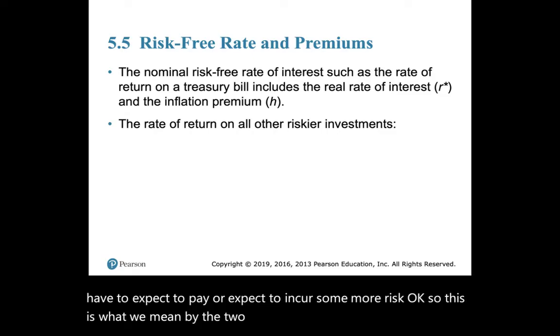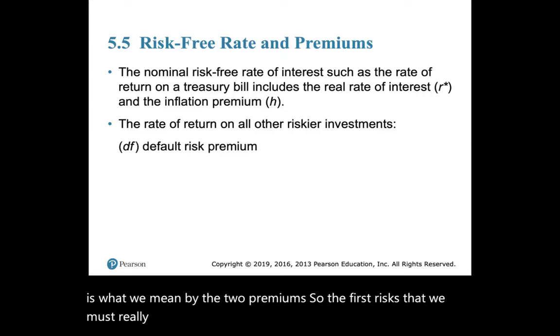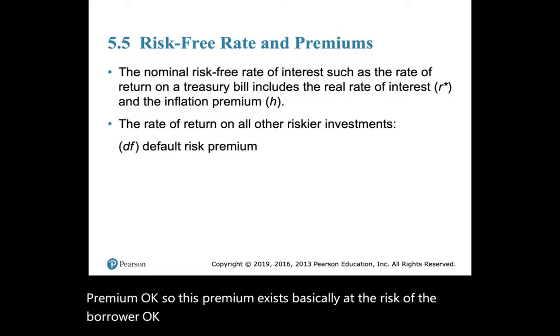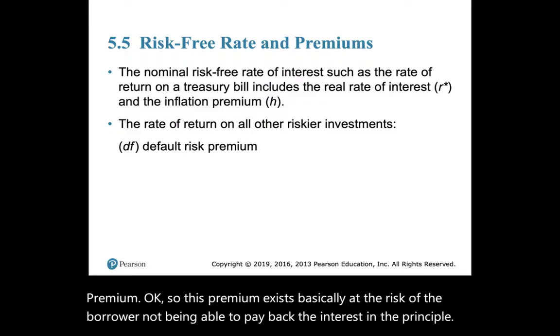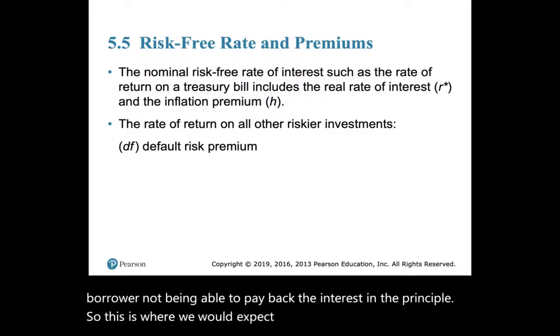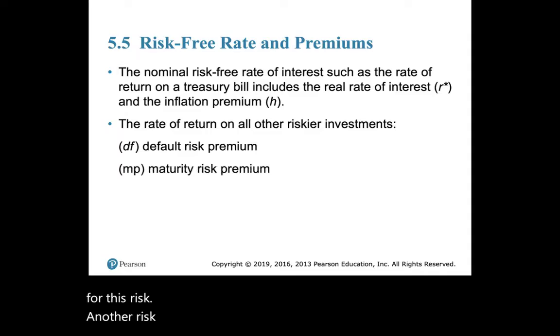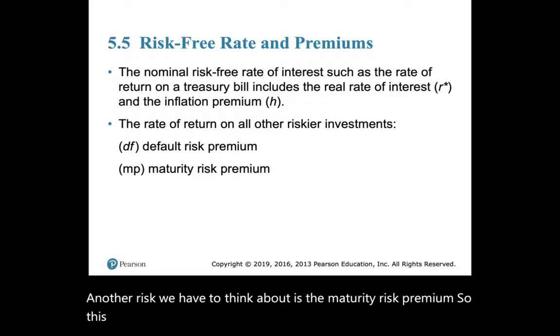The first risk that we must incur is the default risk premium. This premium exists because of the risk of the borrower not being able to pay back the interest and the principal, so we would expect to get some sort of compensation for this risk. Another risk we have to think about is the maturity risk premium. This premium exists for the length of time that the loan will be outstanding.